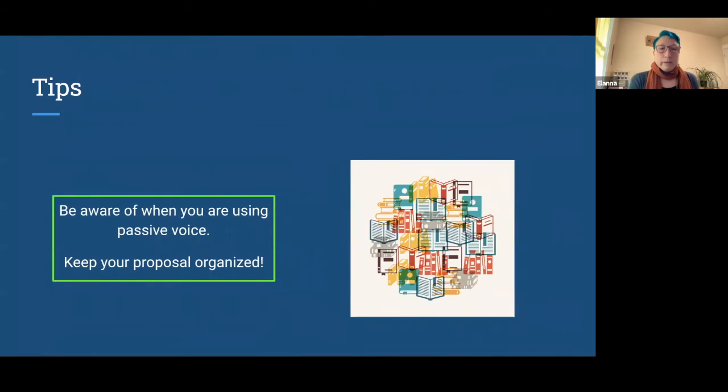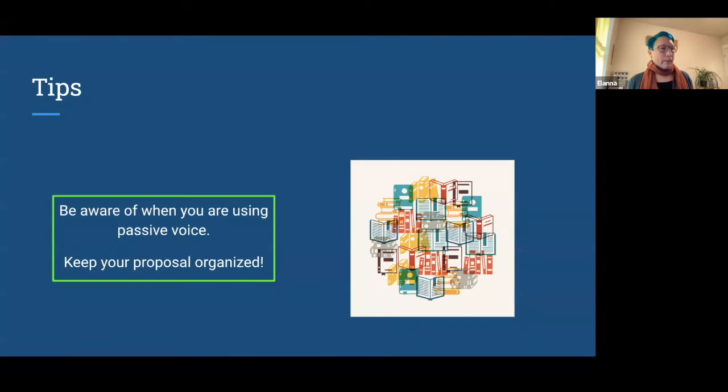And some tips. Be aware of when you are using passive voice and keep your proposal as organized as possible. Some examples of passive are sentences that put the action and the thing being acted upon in the later part of the sentence. So, the tree was moved by the man instead of the man moved the tree.